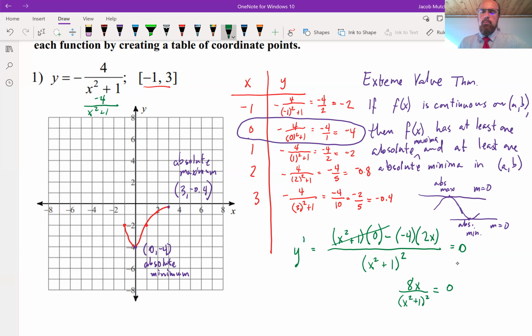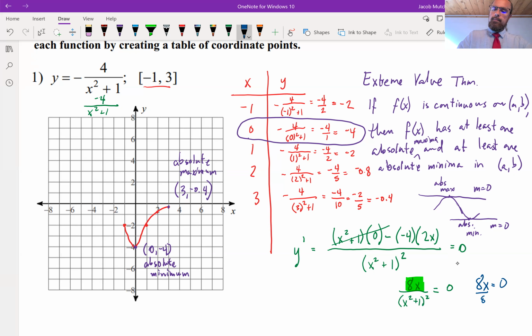And when we consider where the value of the derivative equals 0, really what we're interested in is this numerator. The denominator would tell us where the function is undefined. We're not really interested in that. We're interested in where it equals 0. So I'm just going to take that numerator, 8x, set it equal to 0, and then solve.